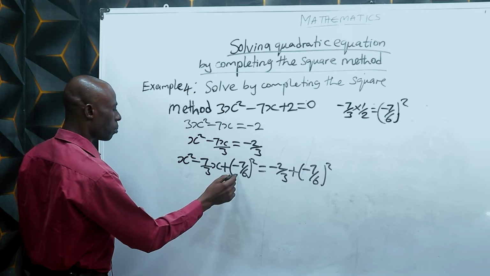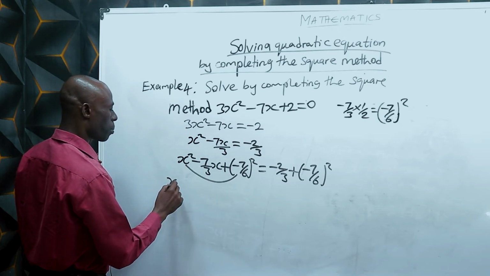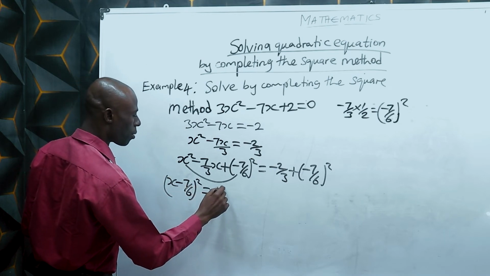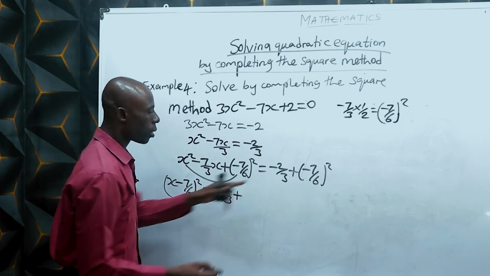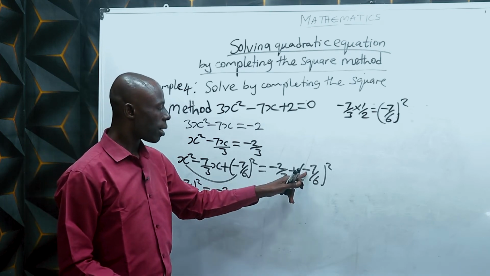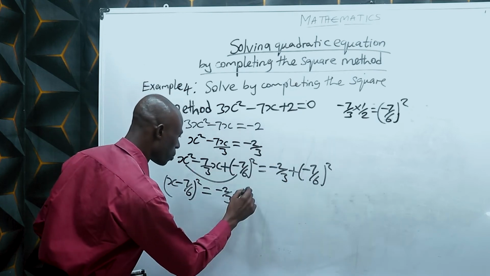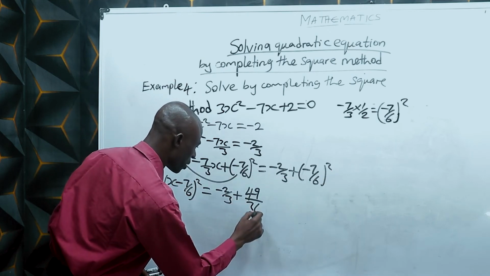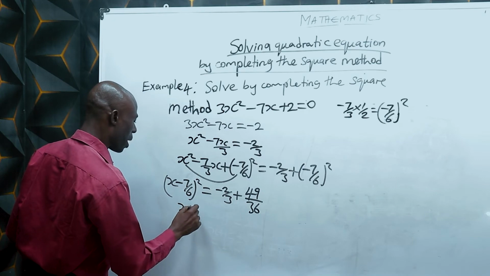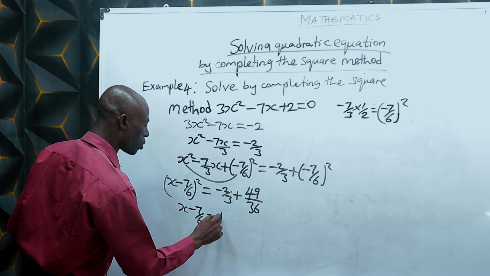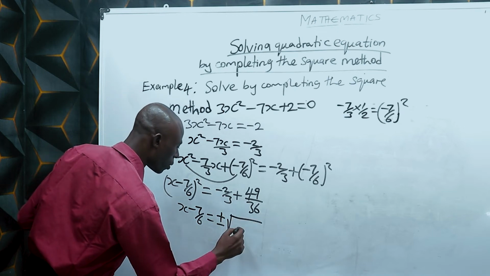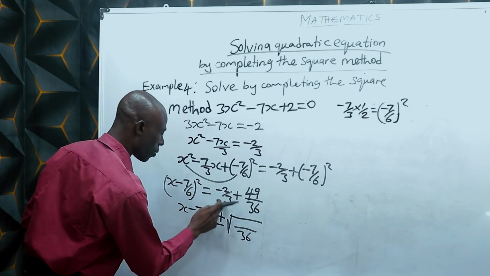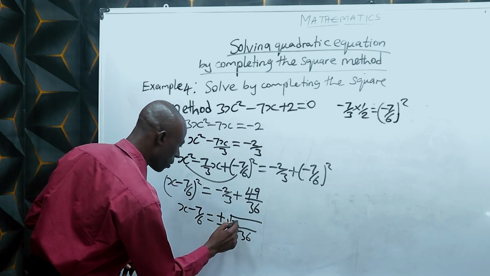Now, bringing this together, we have x minus 7 over 6 all squared equals minus 2 over 3 plus, you have to evaluate this, negative 7 squared is positive 49, 6 squared is 36. So x minus 7 over 6 will be equal to plus or minus the square root of, you find the LCM, 36. 3 in 36 is 12. 12 times minus 2 is minus 24.